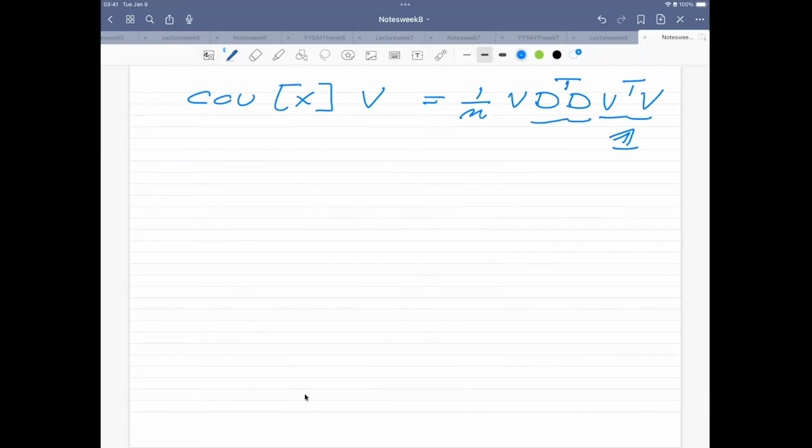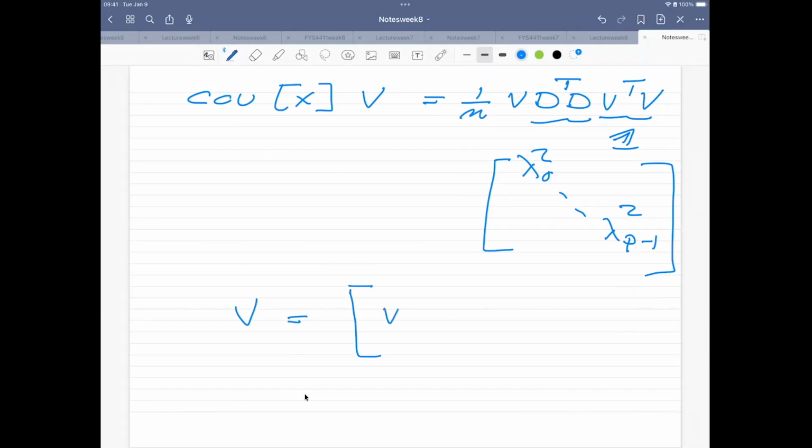This matrix here has dimension P times P, so that contains simply the singular values, all the way down to lambda P minus 1 squared. If we now look at this one, we also remember that V is given in terms of the column vectors, and they are orthogonal. So V1 up to V P minus 1.